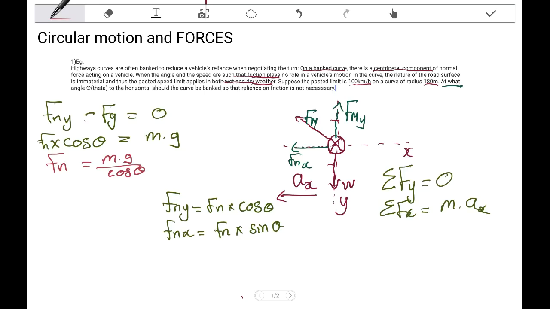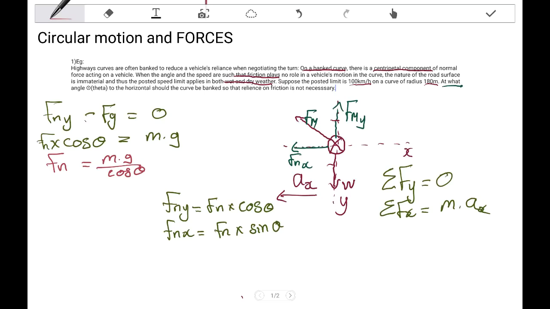Then after that, I'm going to calculate my x component forces. The x component forces in this direction are not 0. They don't add up to 0. That means the acceleration is not 0, because this force here is alone and doesn't have another force that can cancel it out.